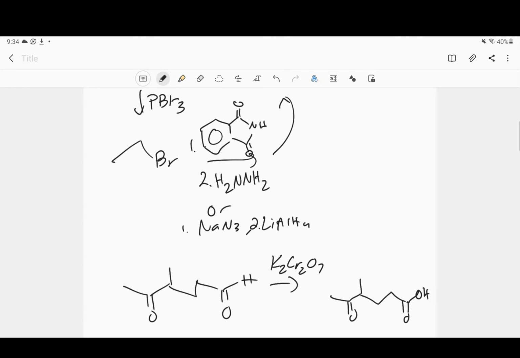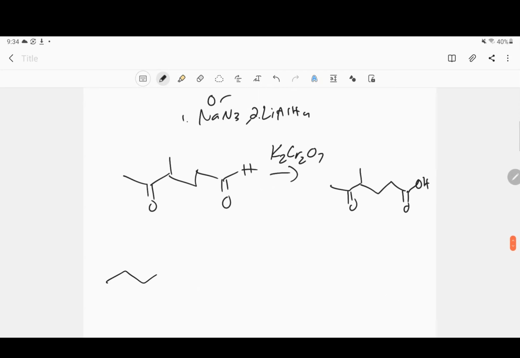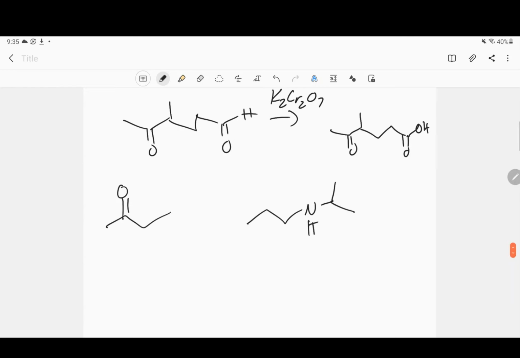We have a ketone, and we're making an amine with 4 carbons and an isopropyl group. There are going to be a lot of steps required, because moving a functional group from one carbon to another is tricky, for sure.